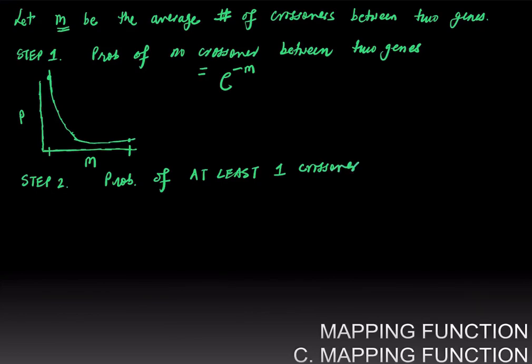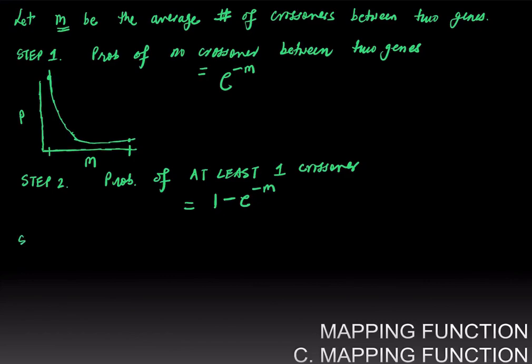And since the probability of no crossovers is e to the power minus m, the probability of at least 1 crossover is going to be 1 minus e to the power minus m.